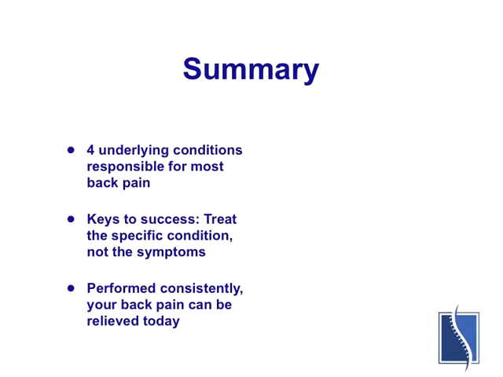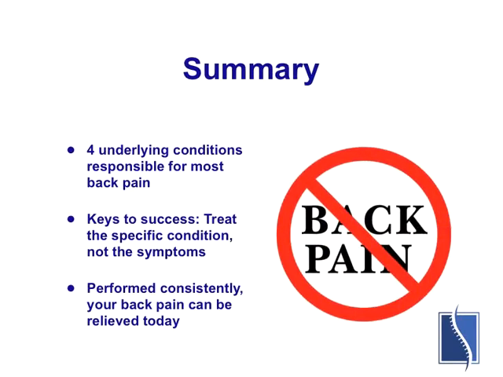So in other words, you could have a forward pelvis syndrome, a high pelvis syndrome, and a forward head syndrome as a cluster of signs and symptoms, and you have to treat each one of those specifically. So the keys to success then are to treat the specific condition and not the symptoms. And if those are performed consistently, you can definitely treat your back pain and end your back pain today.